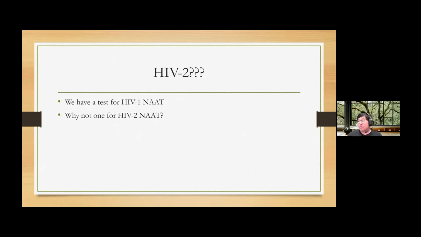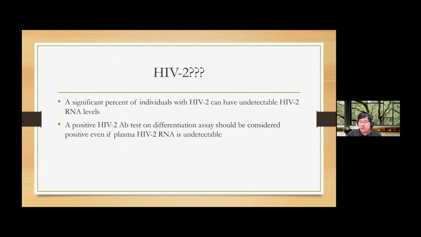That brings us to the question about HIV 2. We have an HIV 1 nucleic acid amplification test, but we don't have one for HIV 2 here at ARUP. The reason is that a significant percent of individuals with HIV 2 have undetectable HIV 2 RNA levels, so even if we tried to run a nucleic acid test, it wouldn't be detectable.